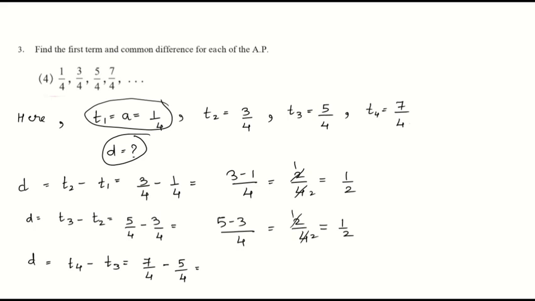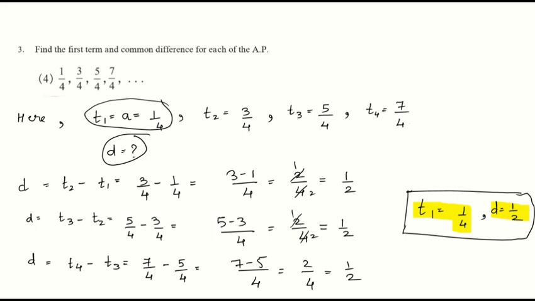Now to find the difference, we have taken T4 minus T3, which is T4 is 7 upon 4 and T3 is 5 upon 4. So this is 7 minus 5 upon 4 is 2 upon 4. Again we got the difference as 1 upon 2. Therefore we have the first term as 1 upon 4 and D as the common difference as 1 upon 2.